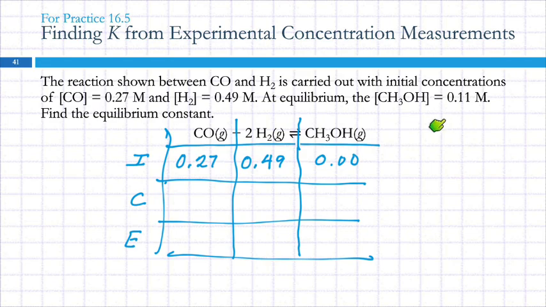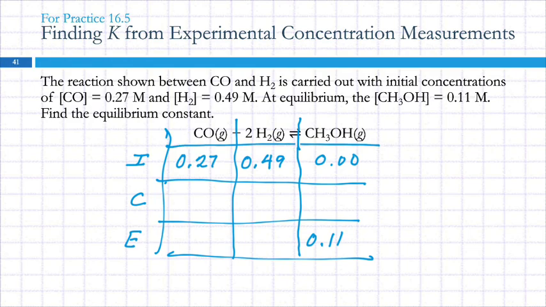Okay, so this is the equilibrium concentration of the product, so that's 0.11. And now we want to look at how these things are going to change, and it's related to the stoichiometry of the balanced chemical equation. So anything with a coefficient of 1 will change by X. This is a reactant.